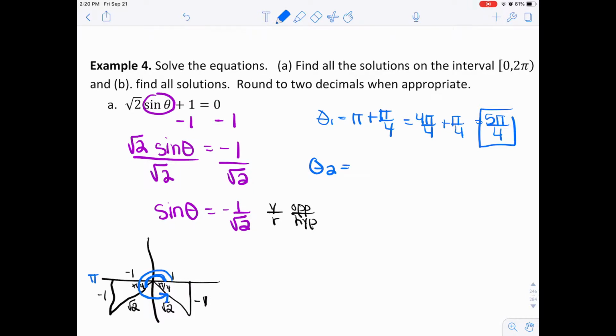And the angle in quadrant 4 is represented by 2 pi minus pi over 4, which is 7 pi over 4. To identify all solutions, you would take these two solutions and then add 2 pi k, where k is any integer.